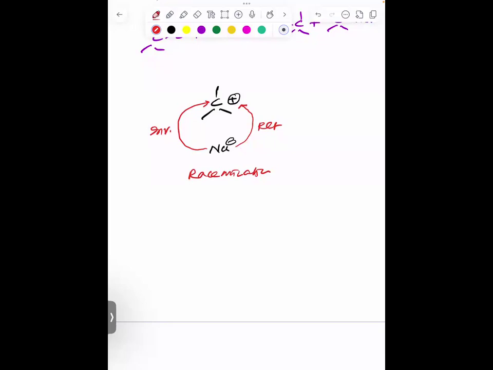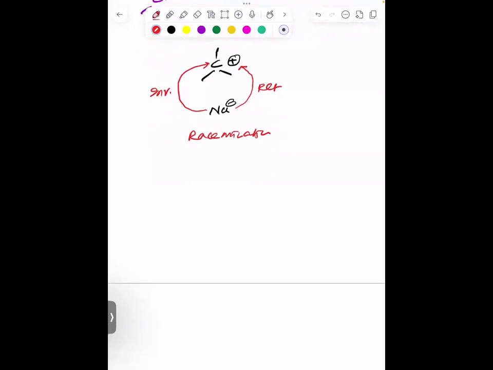So write an explanation. When the leaving group is released, after releasing the leaving group it will be closer to the electrophilic center.